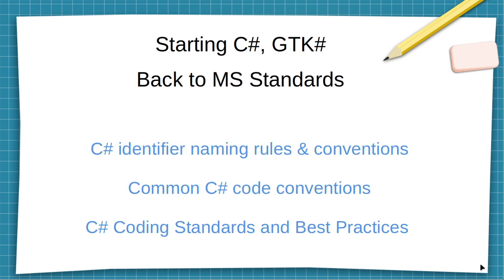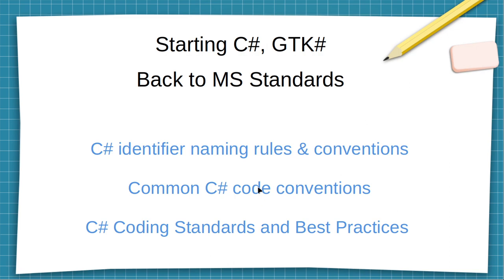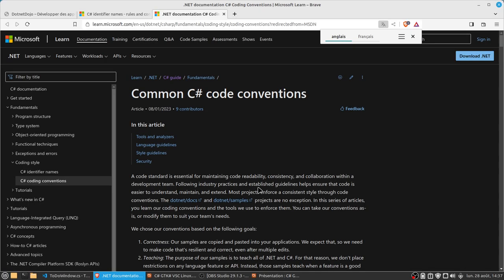Let's come back a little bit about the standards and back to Microsoft standards. I have a few of them here. Identifier naming rules and conventions. The code conventions, the basics, always good to read back once again.